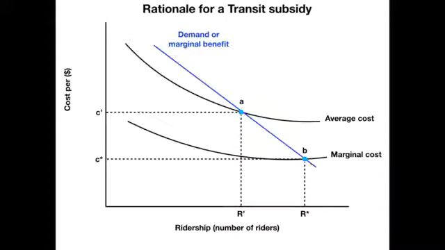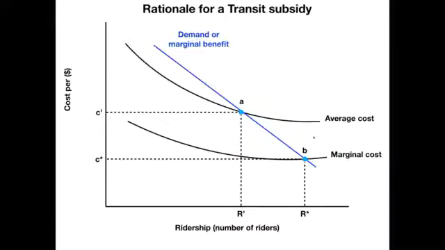The problem is, if we decide that we want the socially optimal level of ridership, here R star with a cost of C star, the price is not going to cover the costs. As you can see here, at this level of ridership, the prices being charged per ride are not going to generate enough revenue to cover average cost.